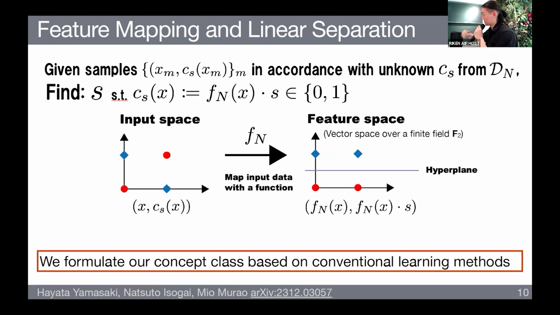In this way, we formulate our concept class based on the conventional learning method motivated by feature mapping and linear separation. But the trick is that we use a vector space over a finite field as the feature space to say something non-trivial in the analysis.